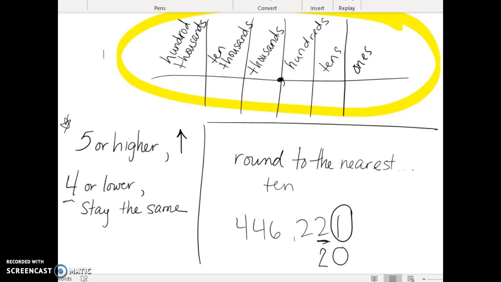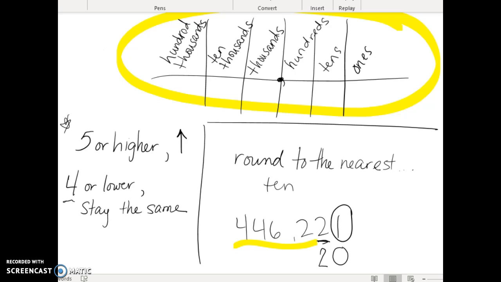Now, a common mistake is that a lot of students will actually say, okay, I'm done, and they forgot all about all of these digits. Well, let's ask ourselves, does it even make sense? How do we get from 446,221, a really big number, and how do we round all the way down to 20?